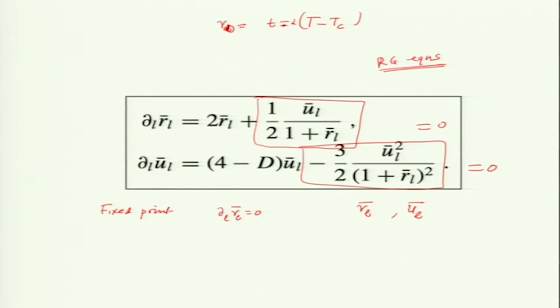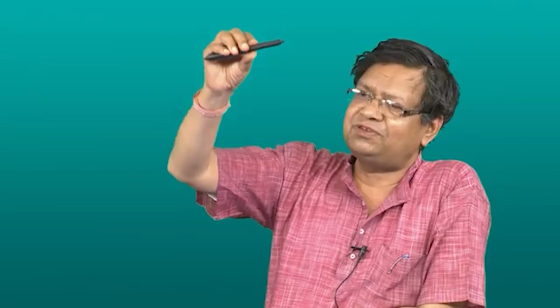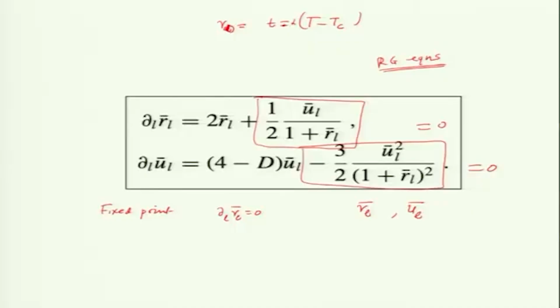So T is the temperature. What do I do when I go from paramagnet to ferromagnet? I decrease the temperature slowly. I reach the critical temperature. That is a transition point, and I decrease it even further, then I reach ferromagnet. So T equal to 0, or R equal to 0, means I am at the fixed point, I am at the transition point.